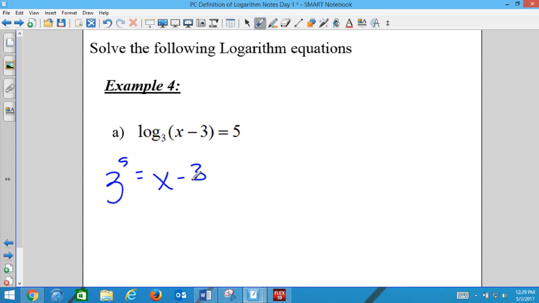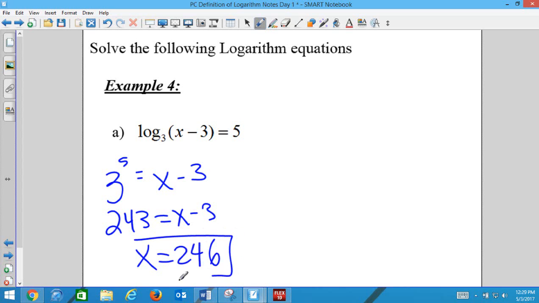So what's 3 to the 5th? 243 is equal to x minus 3, so x is 246. If I plug that back in, and I do log base 3 of 243, or 246 minus 3, 243, that's doable. It's going to equal 5.